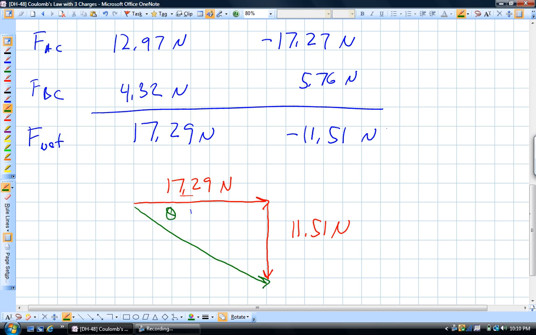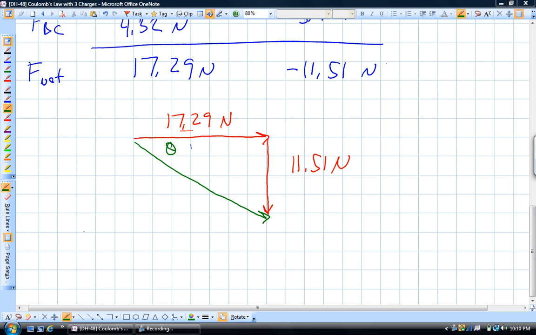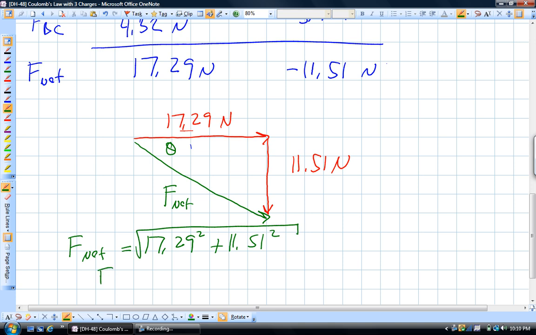To get the magnitude, use Pythagorean theorem, which tells us that the magnitude of F net is going to be the square root of 17.29 squared plus 11.51 squared. I cheated and did this ahead of time. It's not really cheating. It's just not boring you any more than I need to, and I got 20.8 newtons.